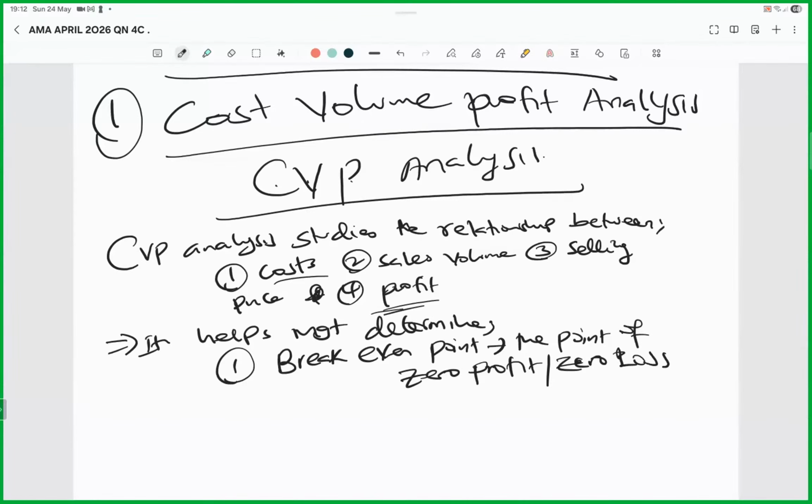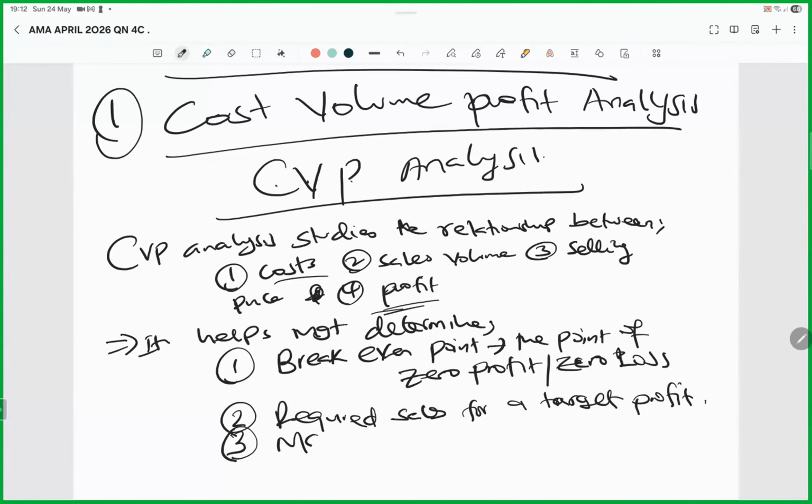Number 2, this CVP will help us to determine the required sales for a target profit. I hope you are writing as I write. Number 3, it will help us determine what we call the margin of safety.